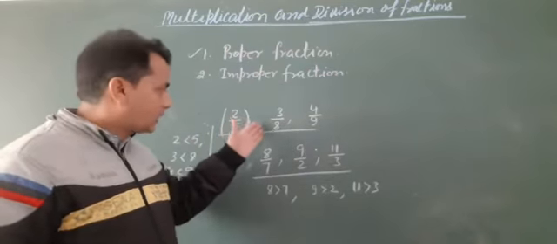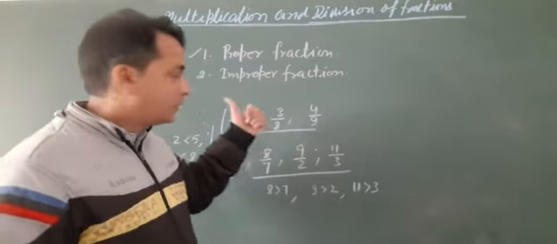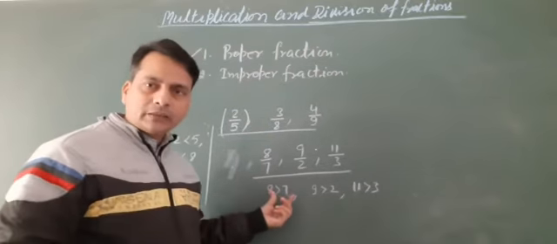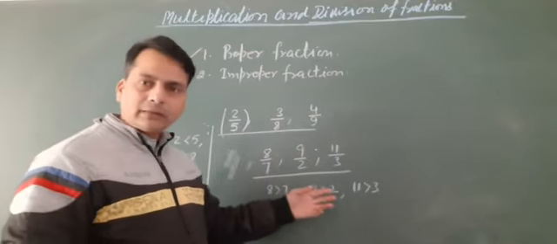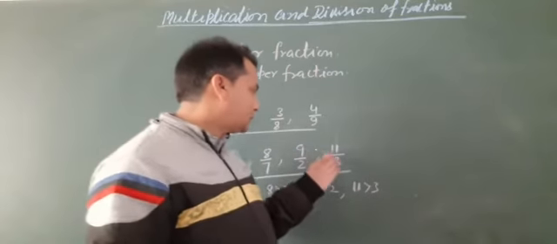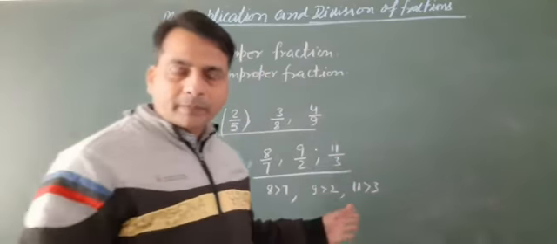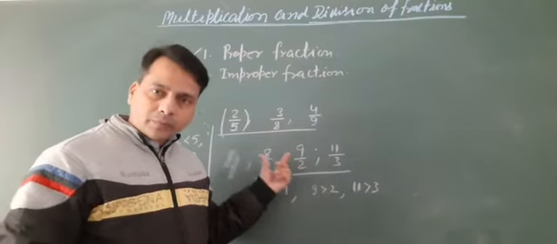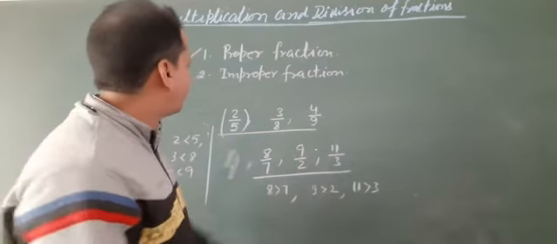These examples are based on proper fractions. And next, the numerator is greater than the denominator: 8 is greater than 7, 9 is greater than 2, and in the example 11 by 3, 11 is greater than 3. So these examples are related to improper fractions.